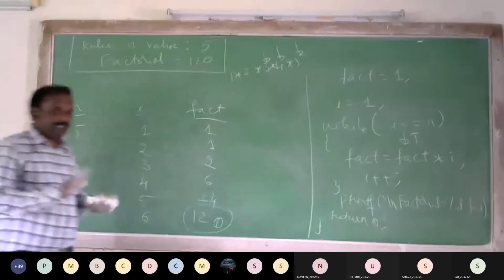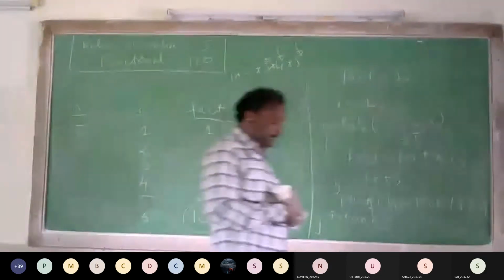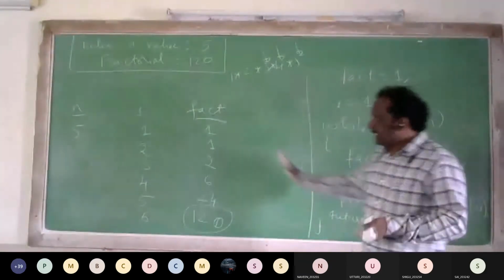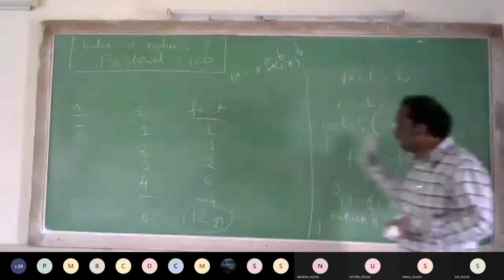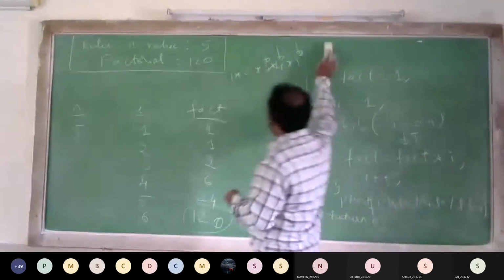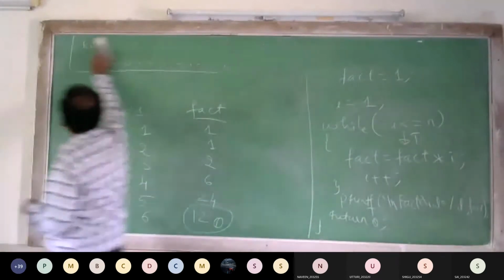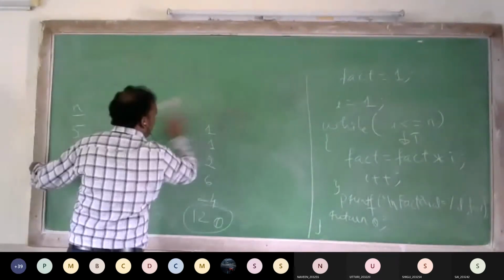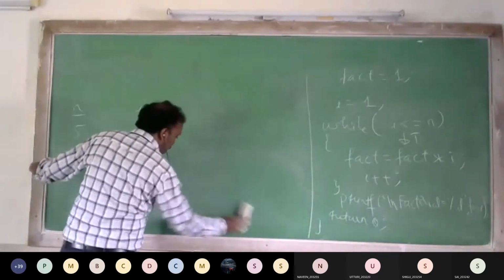Now, starting I have written algorithm and flowchart. Based on the algorithm and flowchart only we can write this program. Now I will show that one. What algorithm I have written, what flowchart I have written, and how I have converted that algorithm into flowchart.